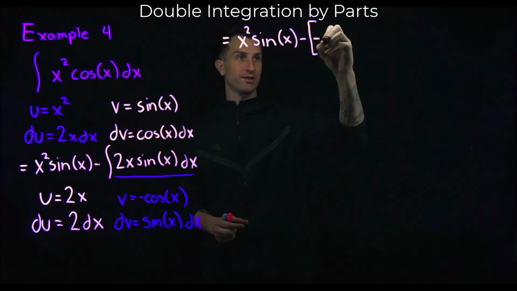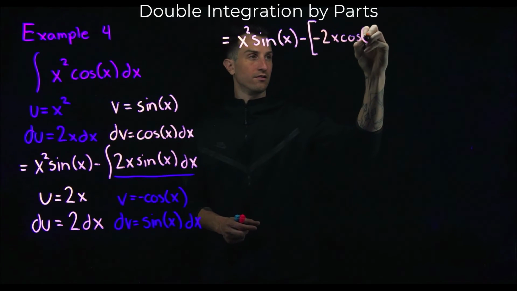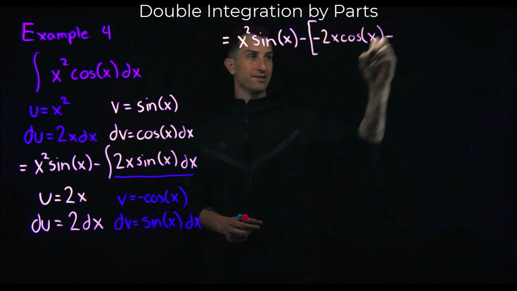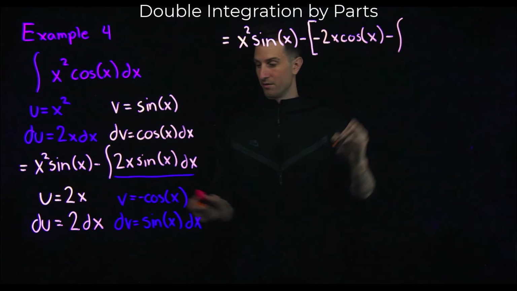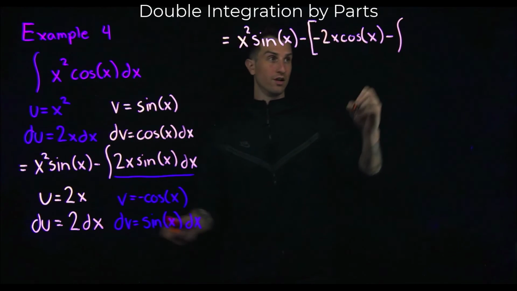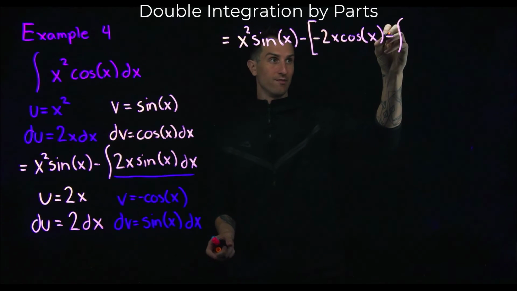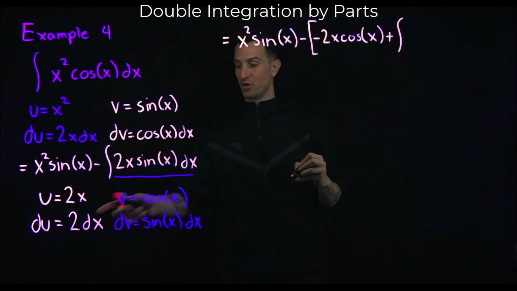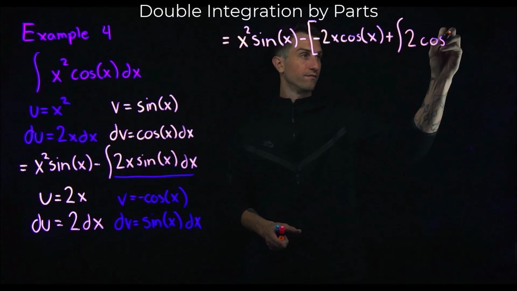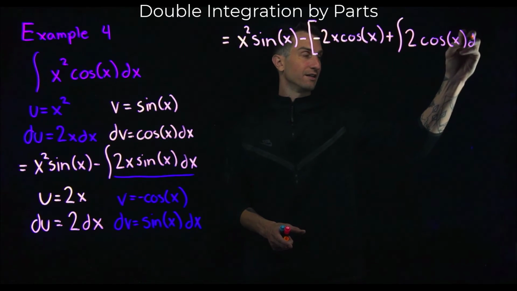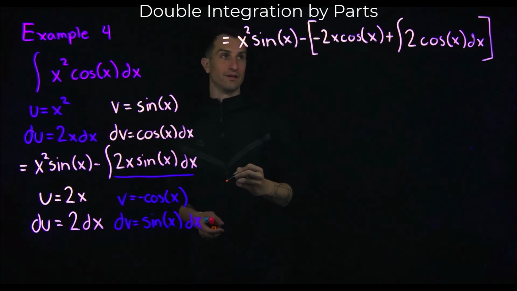Awesome. Minus the integral of v du. Well, the good news is now when we do v, we have a negative sign and we have a negative sign. We can make this a positive sign, and we have 2 cosine of x dx. And we will end that bracket. Perfect.